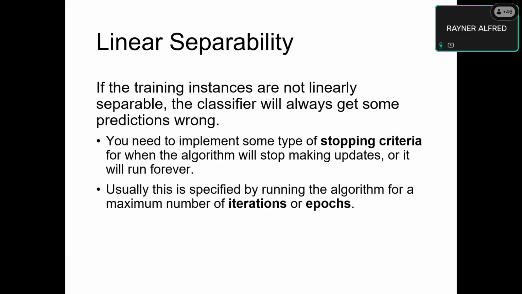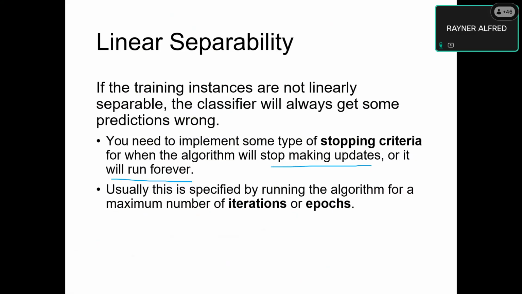Okay. So if the training instances are not linearly separable, the classifier will always get some predictions wrong. Misclassified. So you need to implement some type of stopping criteria for when the algorithm will stop making updates. Stop making updates means stop adjusting the weights, otherwise it will run in an infinite loop.